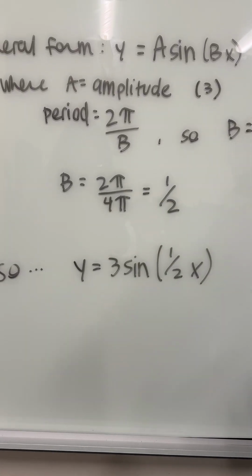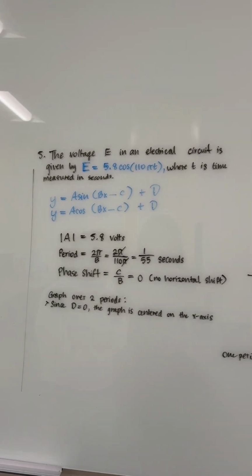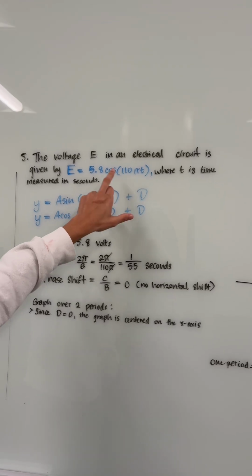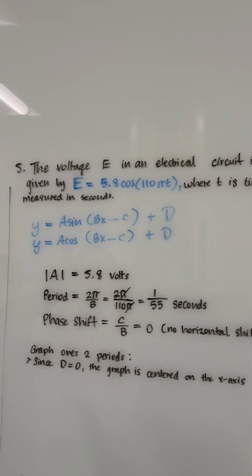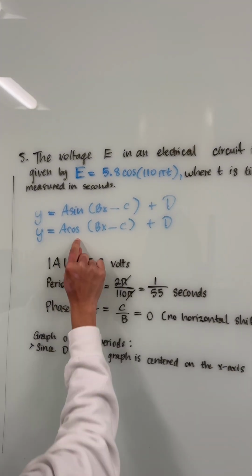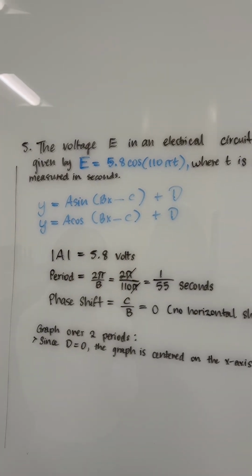So plugging it into the general formula, it's y equals 3 sine of 1/2 x. Question 5 asks, the voltage E in an electrical circuit is given by E equals 5.8 cos of 110 pi t, where t is time. We will be using cos because it says cos. The first question is, what is the amplitude?